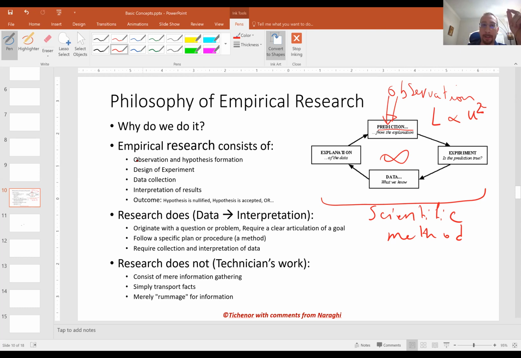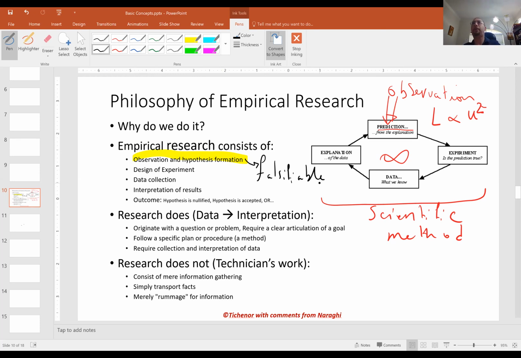So basically, based on an observation, we come up with a hypothesis. And the most important thing about a hypothesis is that it has to be falsifiable. Okay?